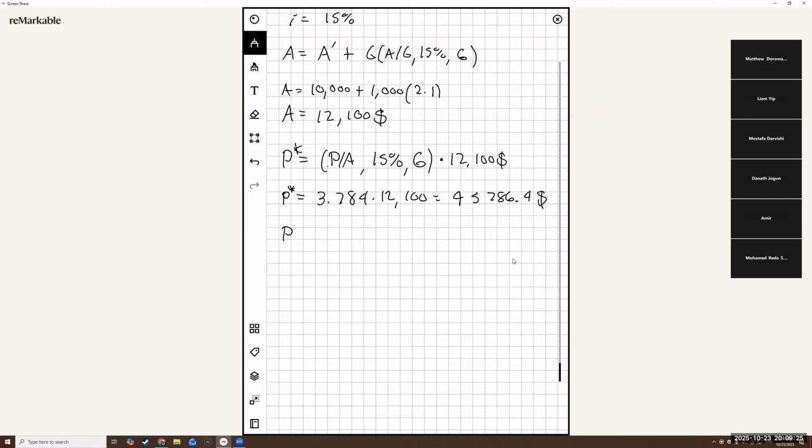So our actual P value will be equal to this $45,786.40. But this is 2 years into the future. So let's do P/F at 15% interest rate for 2 years. Okay, let's use our tables one last time.